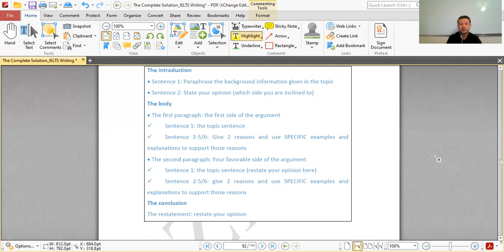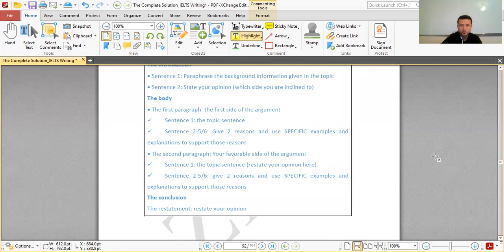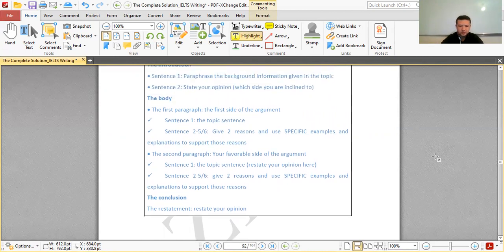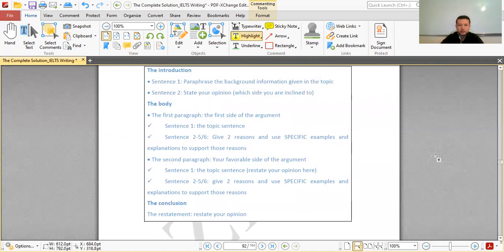In the second paragraph, guys, you have to give the other side of the argument, which you support and agree with more. You have to give a topic sentence, restate, and give reasons, explanations, and a specific example to support your reasons. And then the next one is the conclusion, the final paragraph. Here you have to restate your opinion and show your own position, guys. Okay, I will explain this part in Uzbek also.